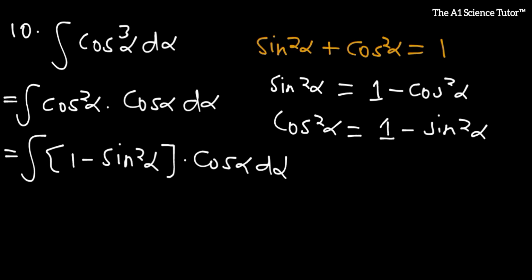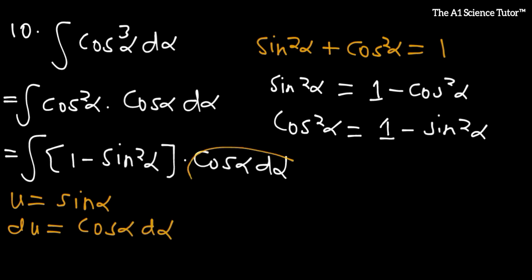Now here I'm going to make u to be sine alpha. So let u be equal to sine alpha. And this is actually reasonable, because if I differentiated this, I would have cos alpha d alpha, which is exactly what we have here. So that works.